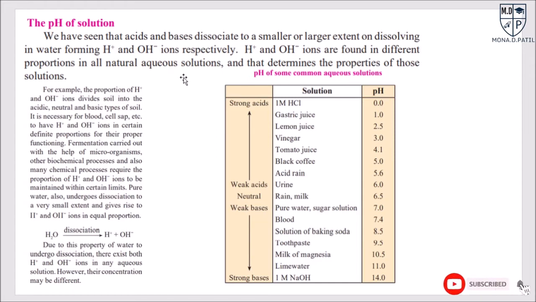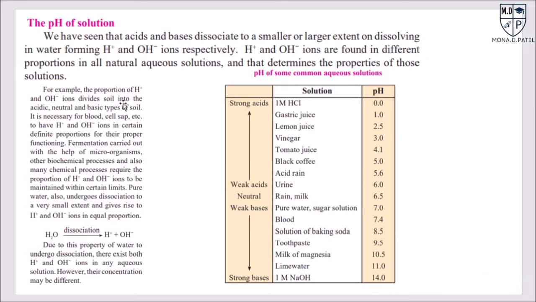For example, the proportion of hydrogen and hydroxide ions divides soil into acidic, neutral and basic types. It is necessary for blood, cell sap, etc. to have H plus and OH minus ions in certain definite proportions for their proper functioning.